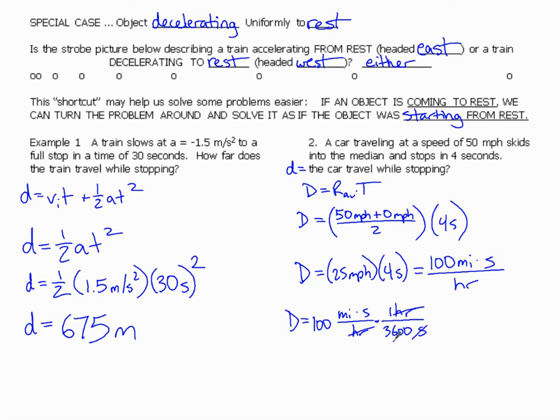Hours will cancel, seconds will cancel. So we have miles here. And let's put it in terms of meters. 1 mile is 1,609, to be accurate, meters. And so we enter this in the calculator and we find that this car traveled a distance of 44.7 meters as it skidded to a stop over 4 seconds.